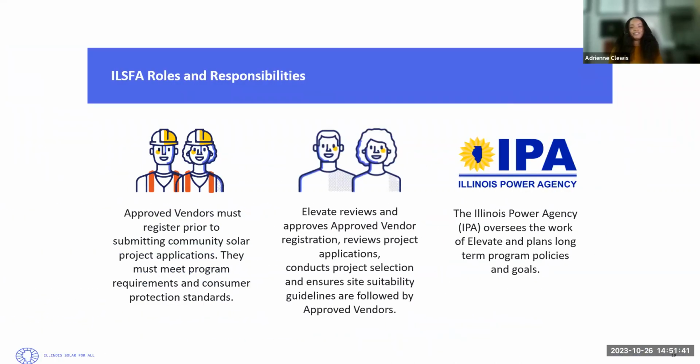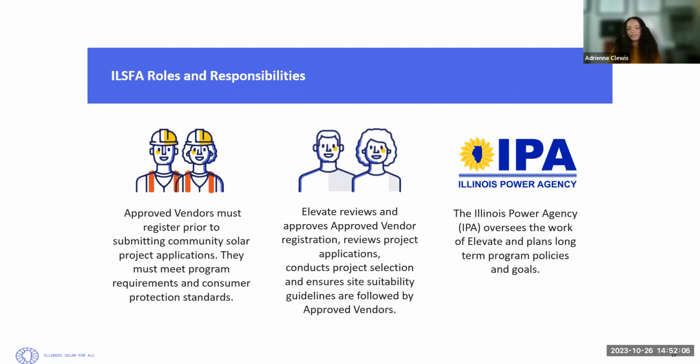So we have 3 major players for ILSA that get everything going. These players are our approved vendors, Elevate, and IPA. Our approved vendors are the ones submitting projects and building them out. They must be registered prior to submitting project applications and meet all our program requirements. We have consumer protections in place for all of our vendors and enforcement mechanisms as well.